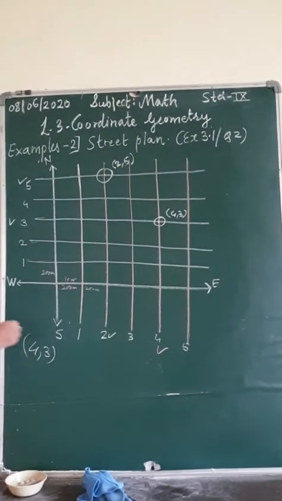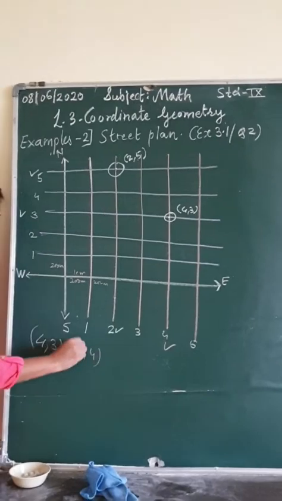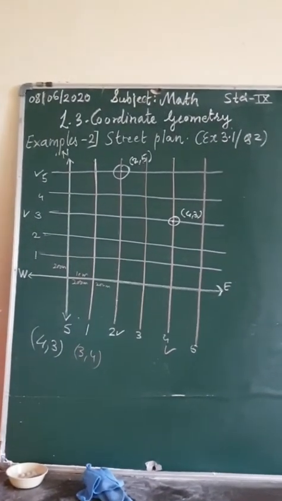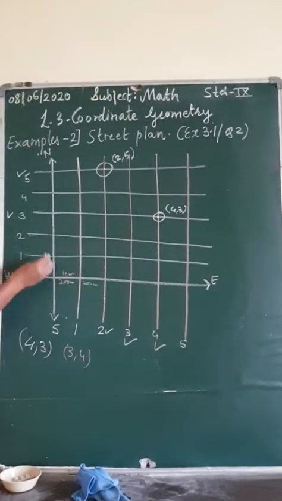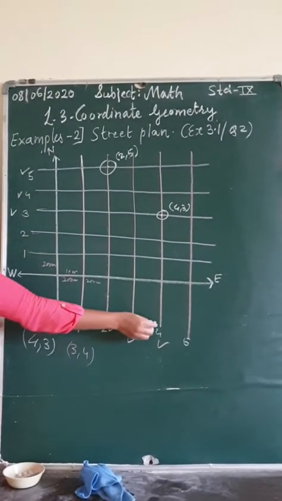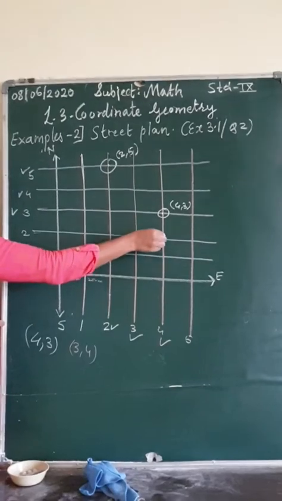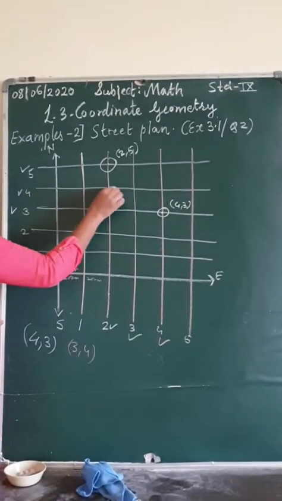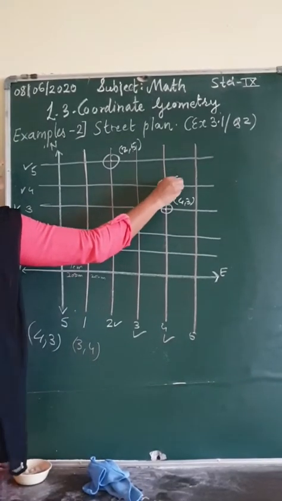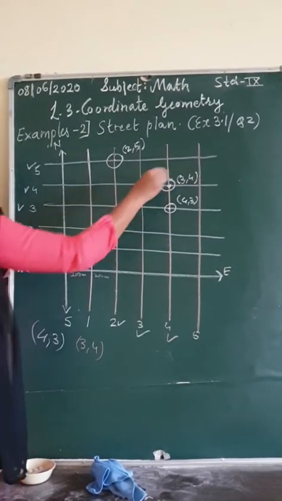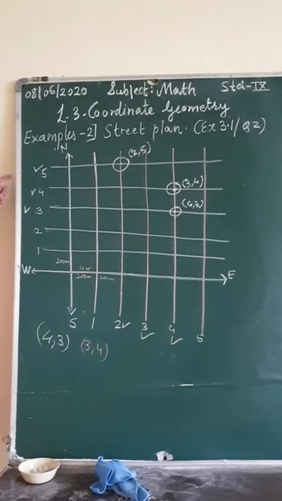Next, they have asked us 3, 4. Which street is this? If you are moving along this till here, our meeting point is this. That is 3, 4.